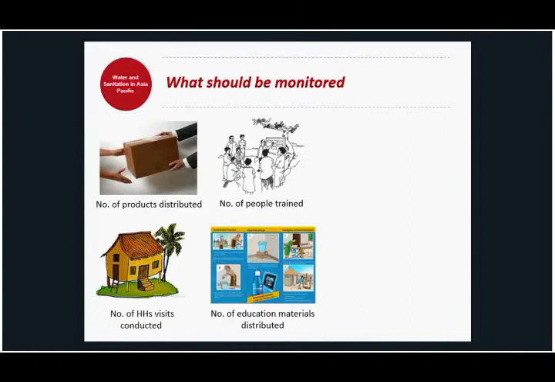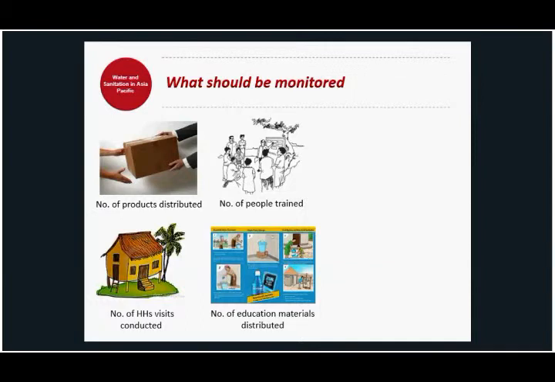Now, what should we monitor when we roll out such a program? A few indicators to consider include the number of products distributed, number of people trained, such as how many promoters, how many technicians, and how many staff or volunteers we train, number of education materials distributed, and number of household visits conducted.